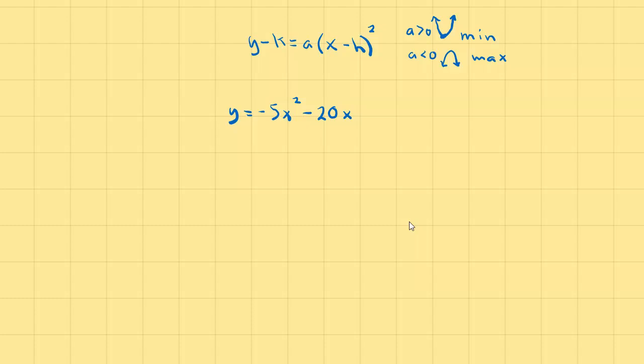Really, you want the coefficient of x squared to be 1. So what I'm going to do is factor that negative 5 out. So negative 5, parentheses, x squared, and then plus 4x.